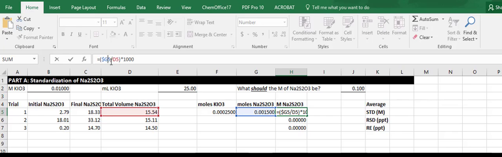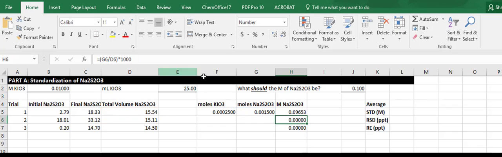But we want it to stick with G5, so a dollar sign in front of the 5 says only G5. Hit enter. Now let's try this again. Let's drag it back down. And we'll see that it accurately calculates our molarity. So cool, we have that part done.